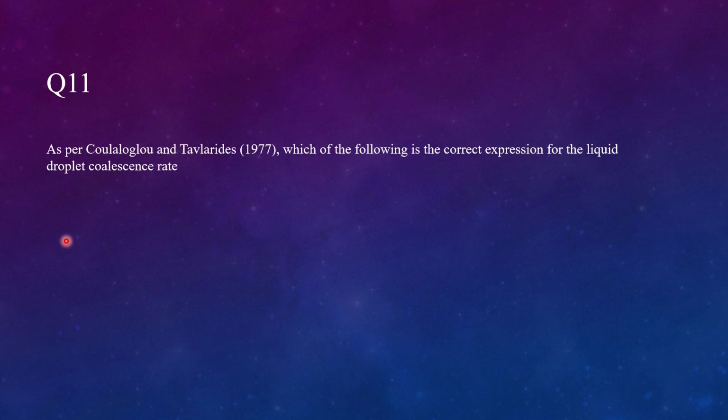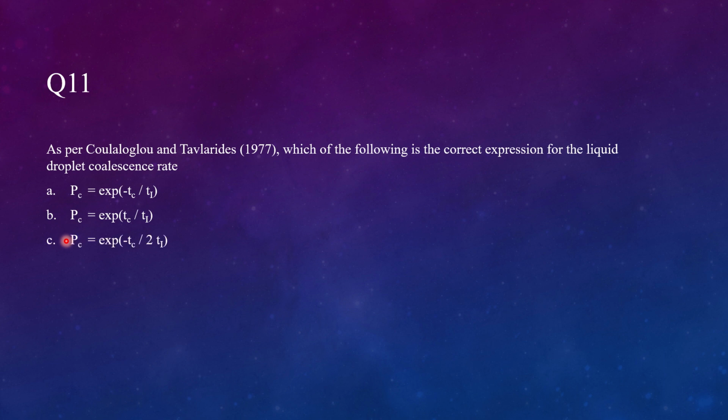In question 11, it is asked that as per the Coulaloglou and Tavlarides 1977 model, which of the following is the correct expression for liquid droplet coalescence rate? Option A: Pc is equal to exponential of minus Tc by Ti. Option B: Pc is equal to exponential of Tc by Ti.